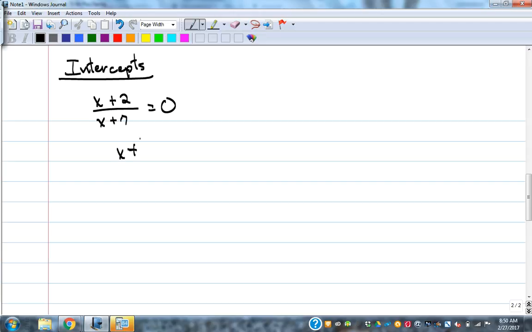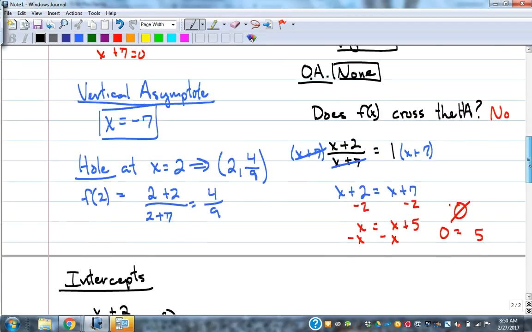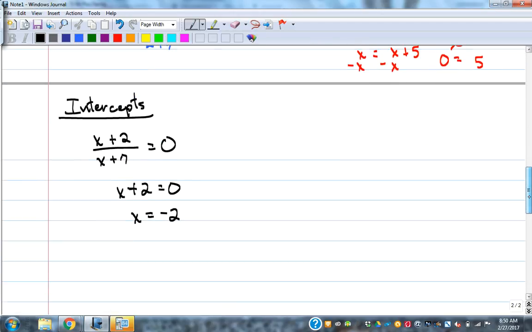Get x plus 2 equals 0. x equals -2. Okay? You've got to keep in mind what our domain restrictions are. That's similar to one of the things that's a restriction on the domain, but it's not. Okay? So, we've got an x-intercept at (-2, 0).